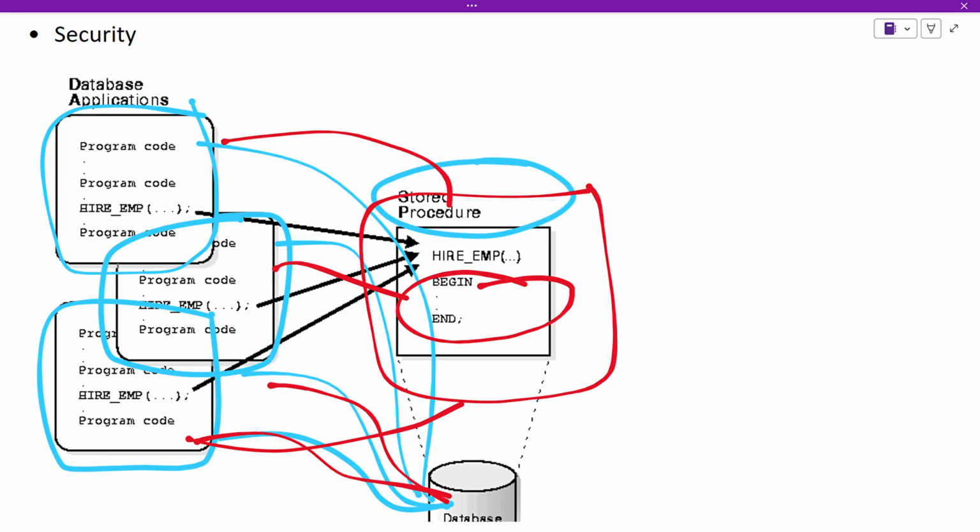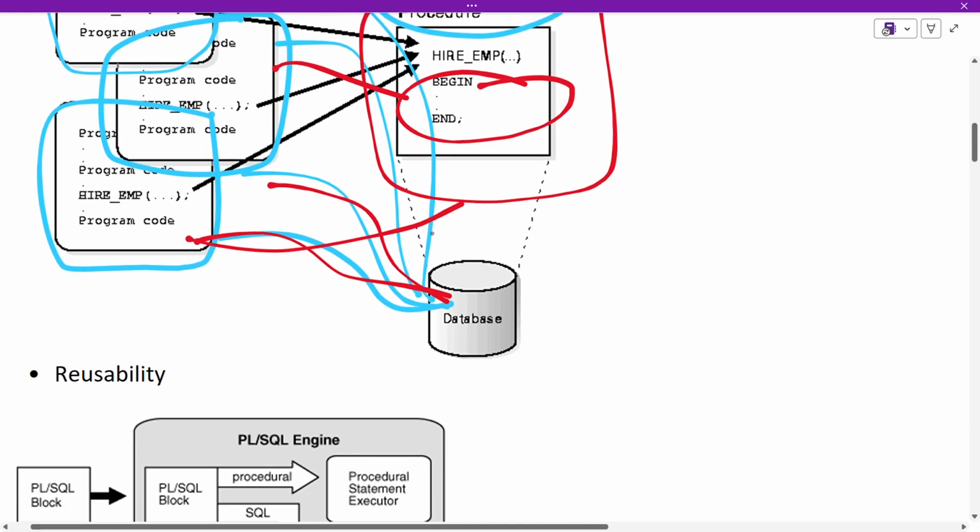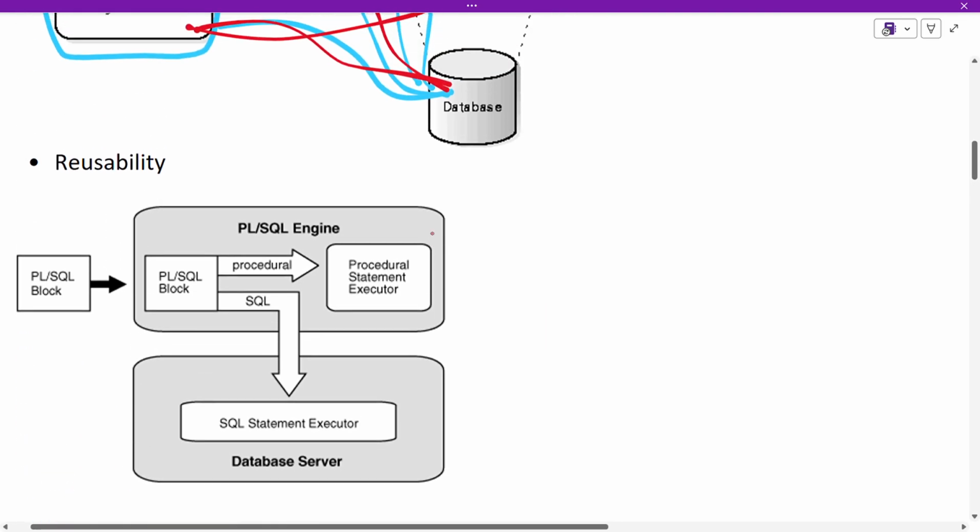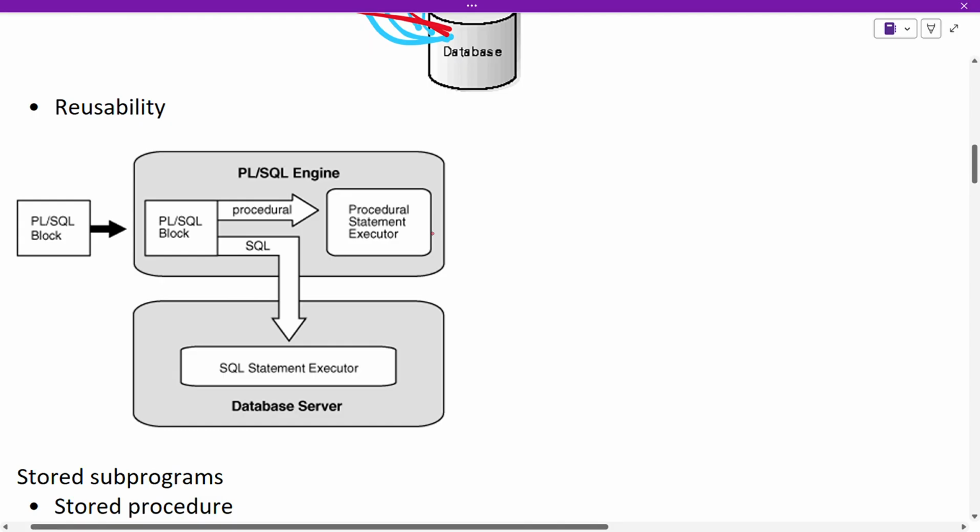But if you're giving them a procedure or any database object of the PL/SQL, then it can only call the procedure, and the procedure is going to run whatever statements were given by us, right? So there won't be any security issue. Whatever the hidden content is, it will be hidden within the system, right? So this is one of the advantages, and obviously the last one is the reusability.